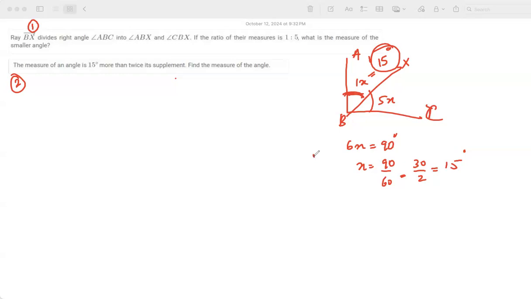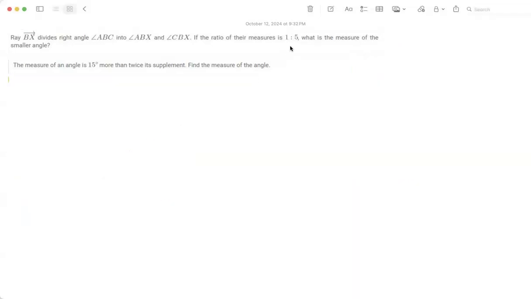I didn't understand how you got 15 after everything, like the variables part, the x equals 90 by 6. In a 1:5 ratio, one angle is one part and the other is 5 parts.